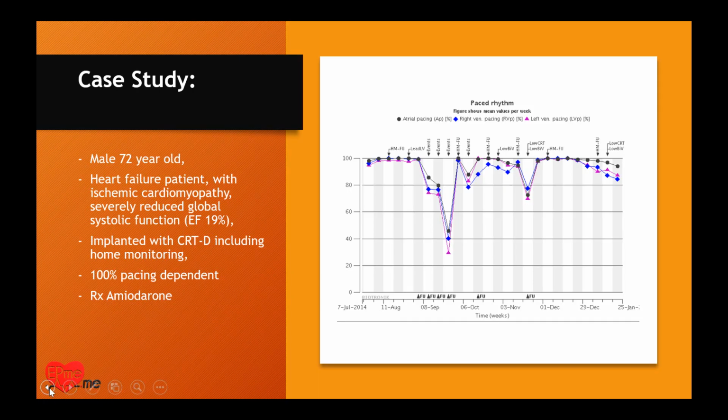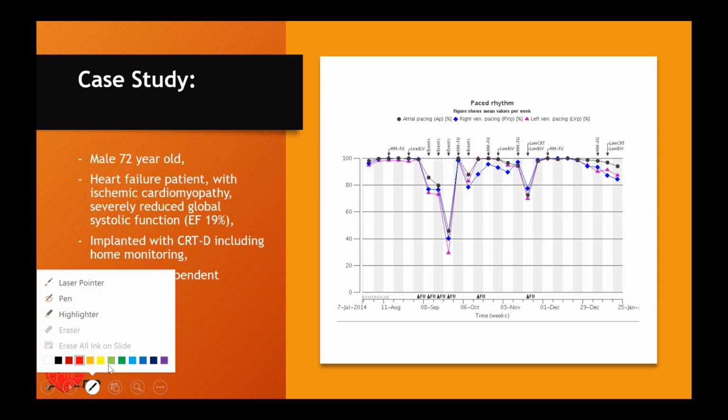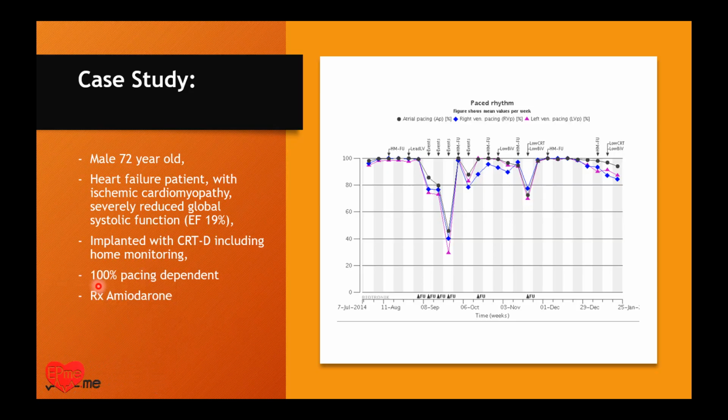This is a graph on the Biotronik home monitoring system. I'm going to pull up here my laser pointer, and I want to show you what we're looking at here. So we're looking at the percentage of being paced over time. Here we have the percentage, and here we have time. And we can see three different lines. We have grey circles here that say here is atrial pacing percentage.